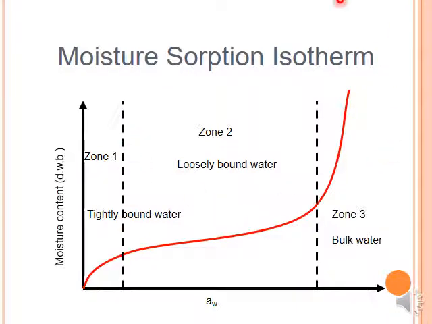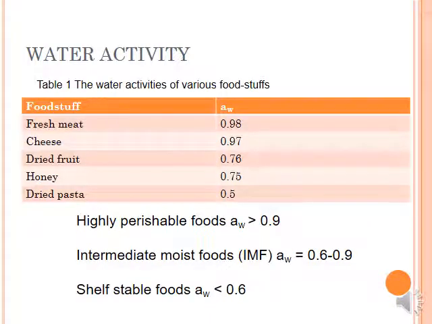So this is just to sum up the three zones. Zone 1, zone 2, zone 3: highly perishable, intermediate, and shelf stable. These are the different types of food and their water activity values.